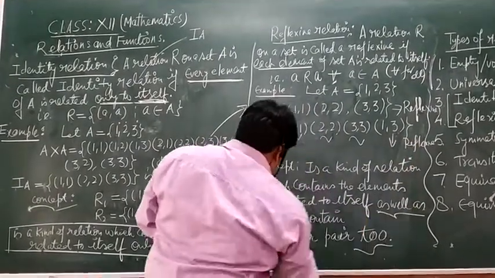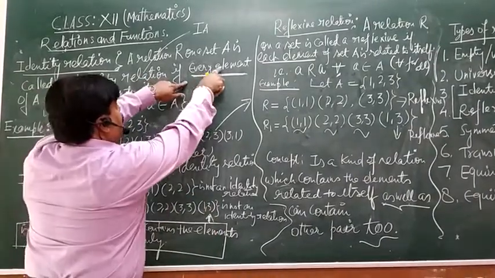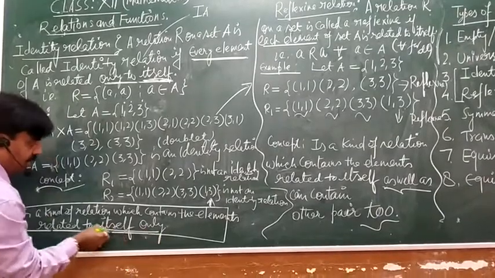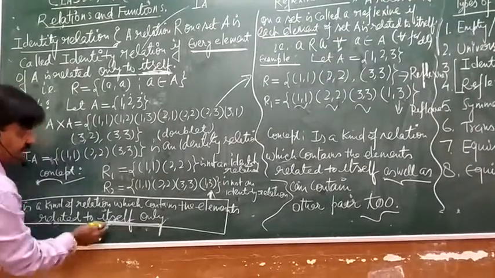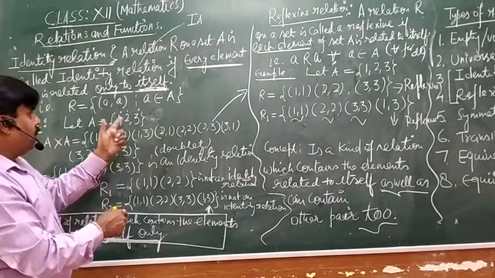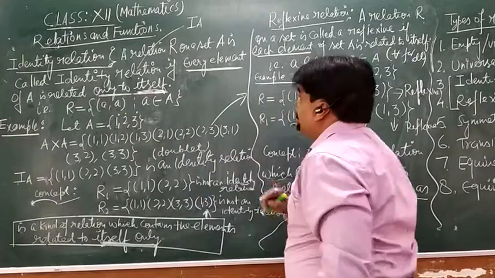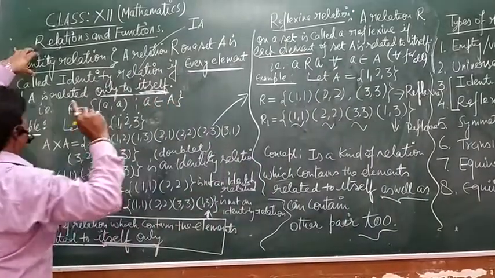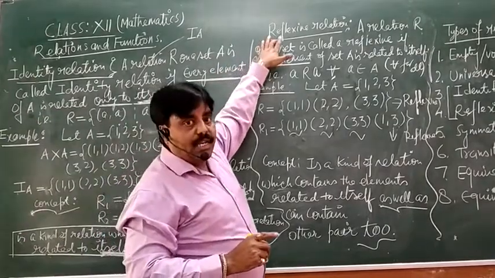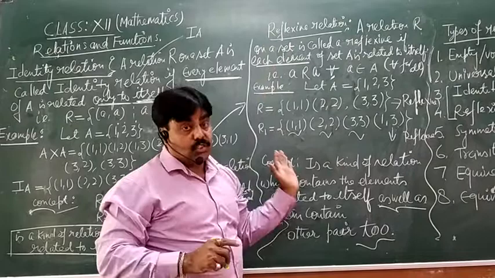This is the extra, because in an identity relation every element is related to itself only. So finally, one more thing we get here is that every identity relation is a reflexive relation, but the converse is not always true.